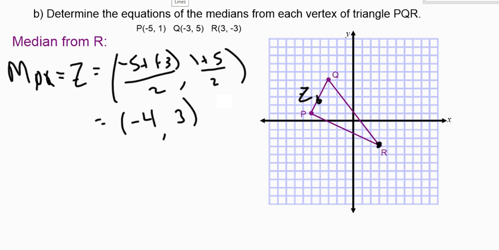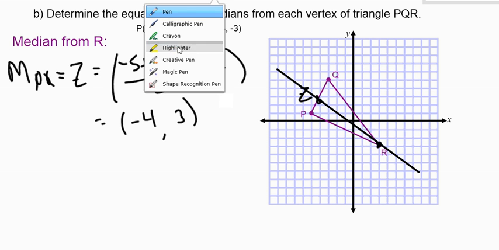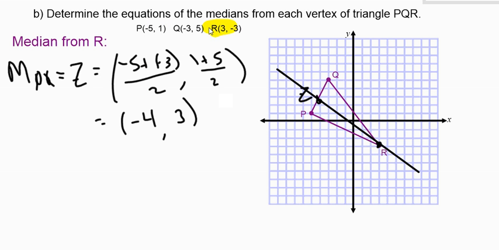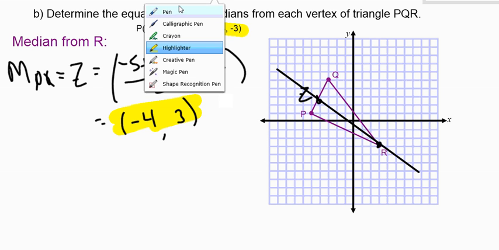So now I need to think about the line that connects Z to R. The only points I'm allowed to use for this line are the points R and Z. So let's go ahead and find the equation of it, and as always, we want to start by finding the slope.